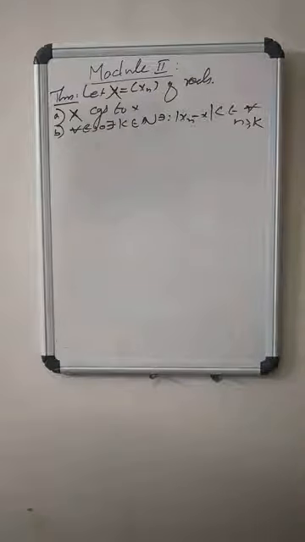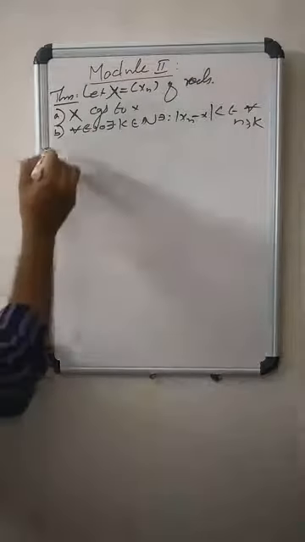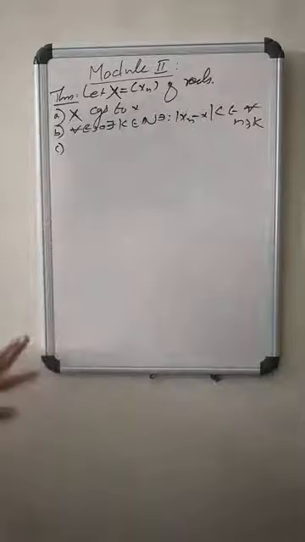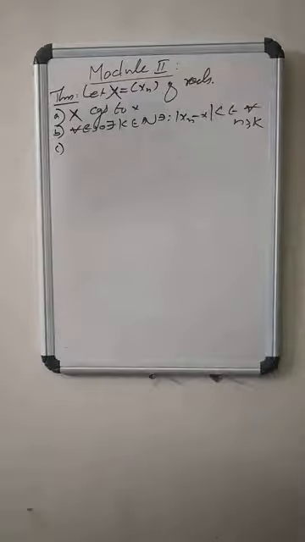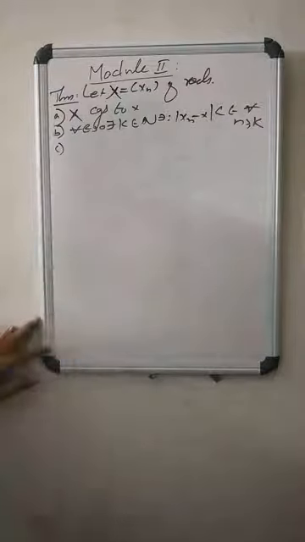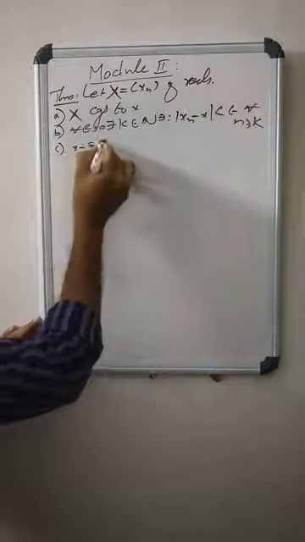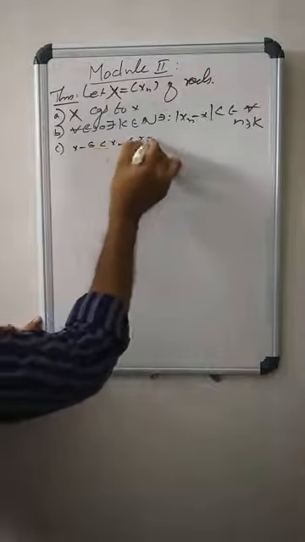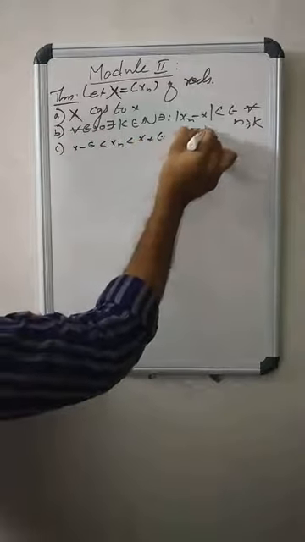And part C: for every epsilon positive, there exists a natural number k such that x minus epsilon is less than xn, which is less than x plus epsilon, for all n greater than or equal to k.